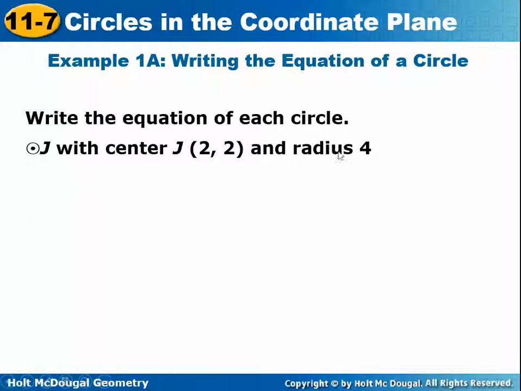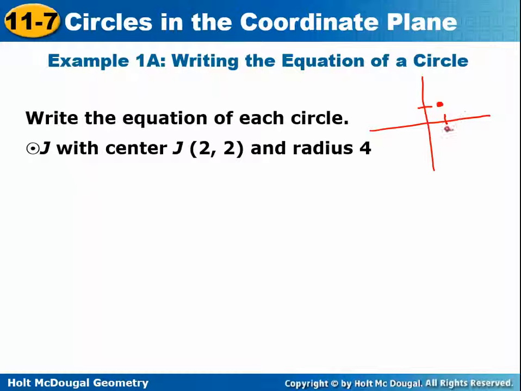All right, so this is most of what you're going to do on your worksheet, is write equations of the circle. It might help you to draw a picture of it, or to get Sketchpad or Desmos.com open. Say the center is at (2, 2) and the radius is 4.